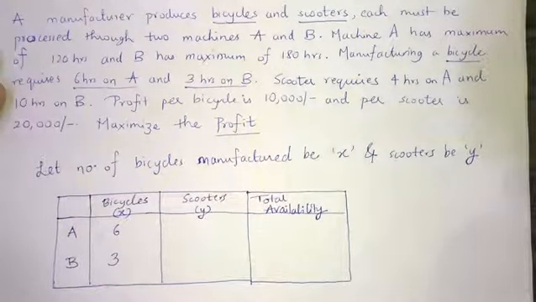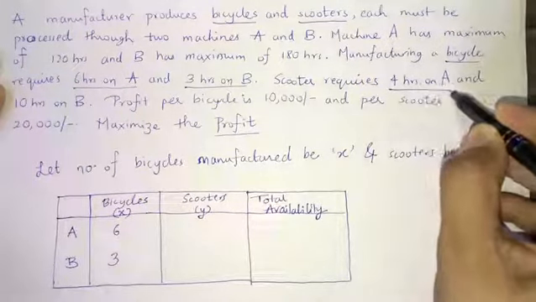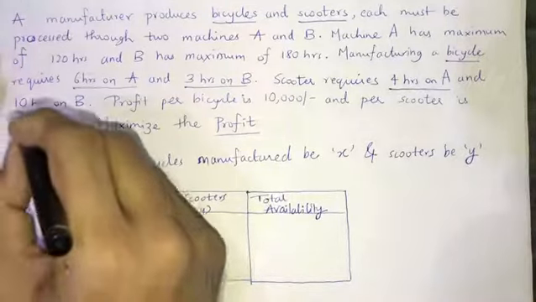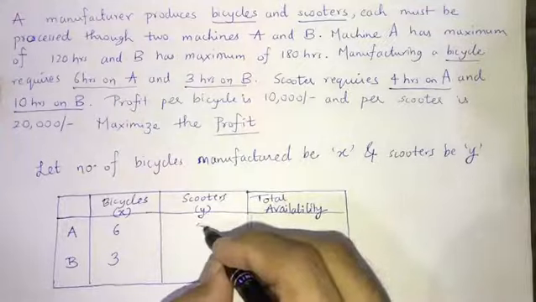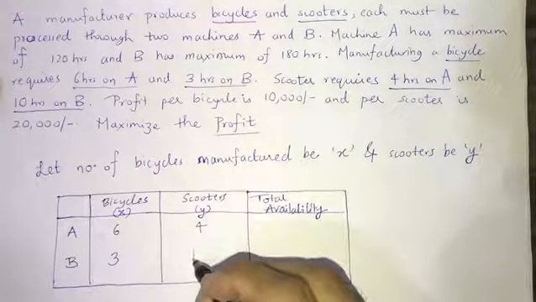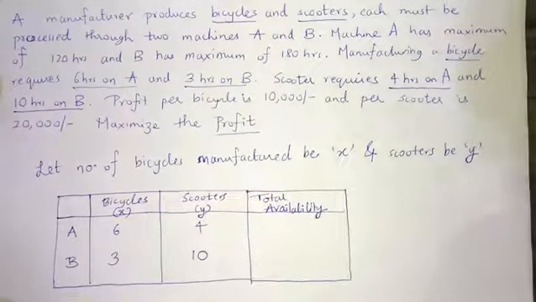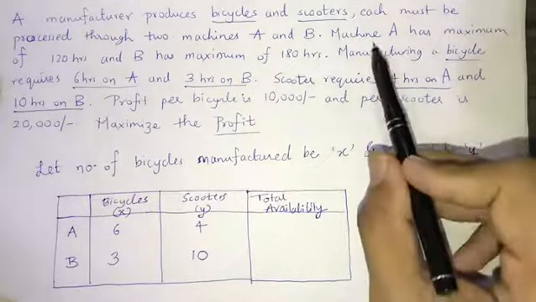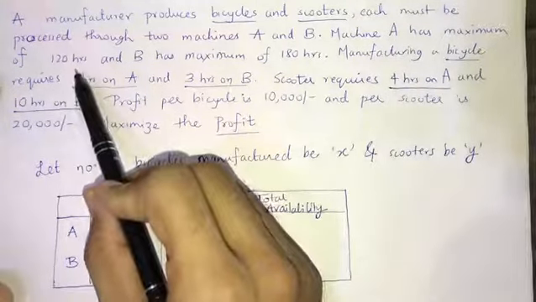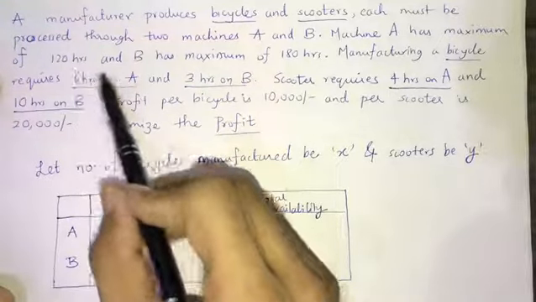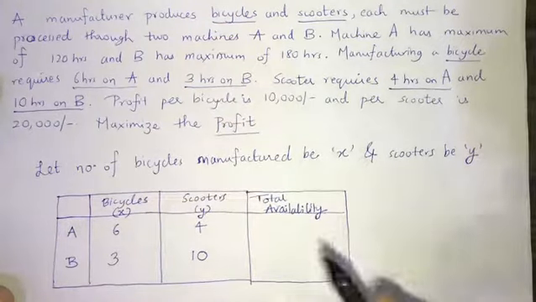Manufacturing a scooter requires, it's very easy. The word problems are very easy. 4 hours on A and 10 hours on B. So 4 hours on A, 10 hours on B. Total availability of machine A is, machine A can be maximum used for 120 hours and B can be maximum used for 180 hours.